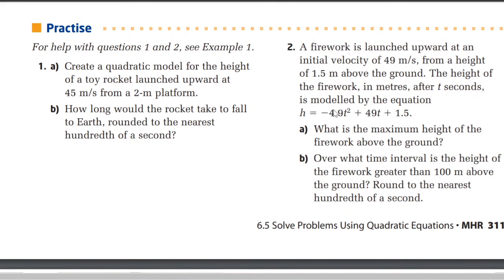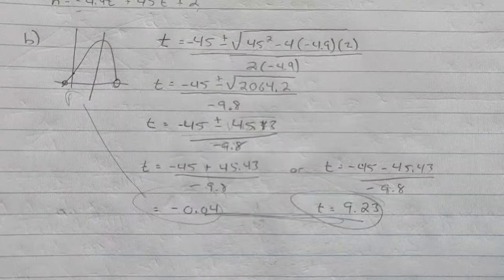In the case of part B, what you would need to do to find when it's greater than 100 meters above the ground is sub that in for the h value. And sorry, my mouse is not transitioning well there.